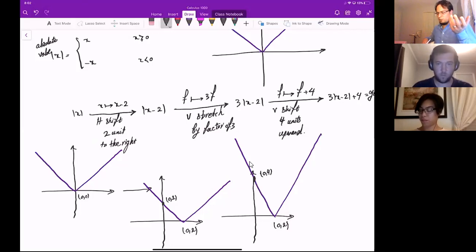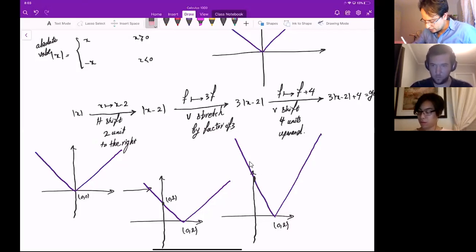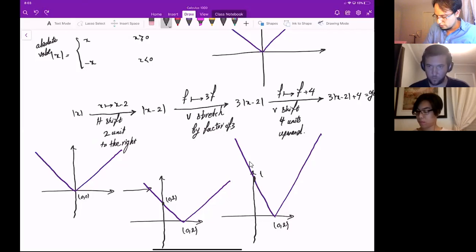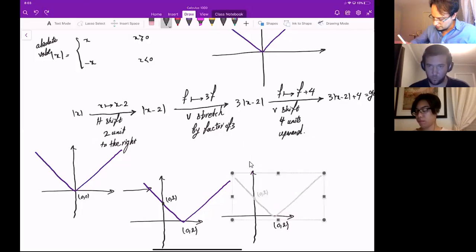Now, why 4? Everything is multiplied by 3. Sorry, this will be 0. Maybe then I will do a little bit more stretching. Stretch a bit more.